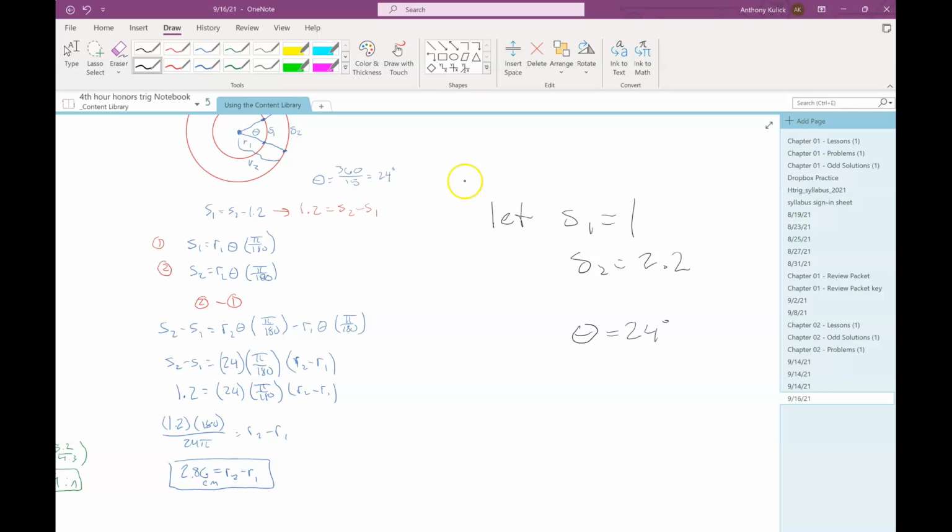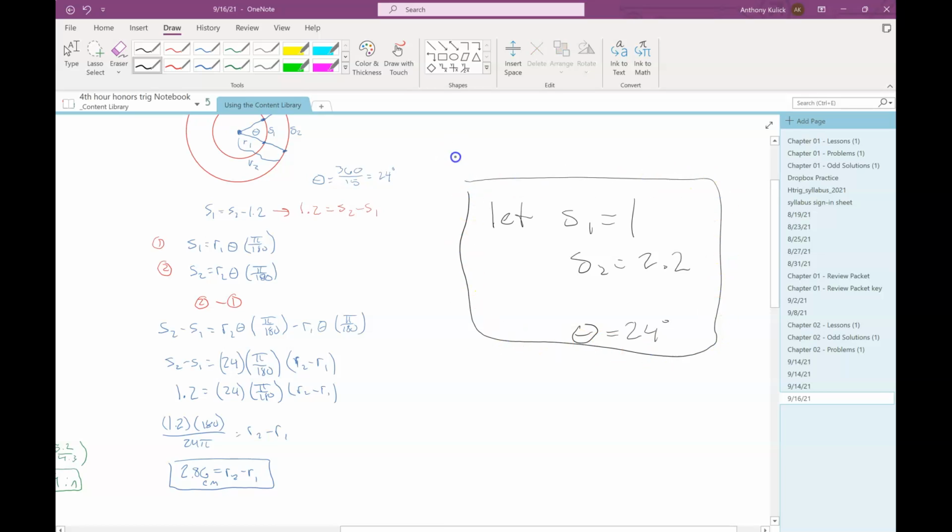The other way of just saying, what if I make this specific instead of vague in general and fix a value for S1 and follow everything through? A little bit more doable, simple algebraically. And also it will work. So that's okay to do also.